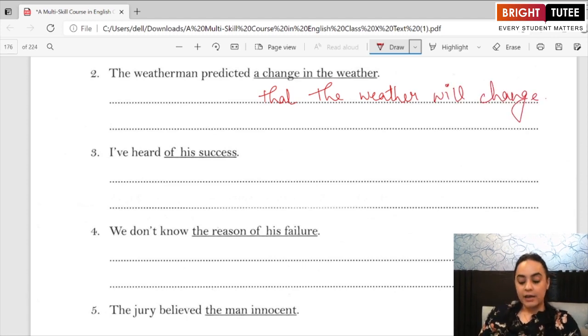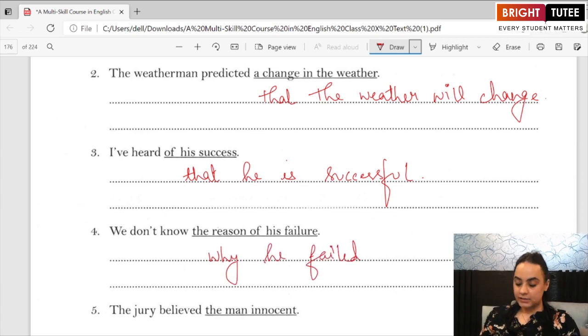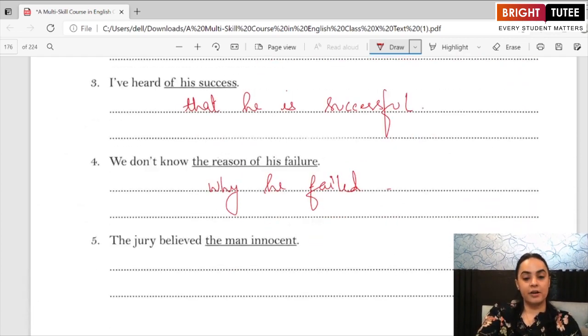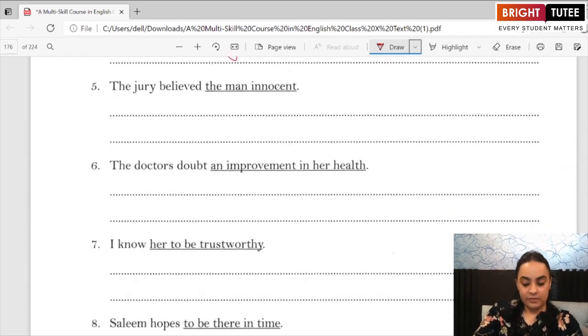Next, I have heard of his success. I have heard that he is successful. We don't know the reason for his failure. We don't know why he failed. Right? So in this way you can see there are so many sentences and a way that we can change them.